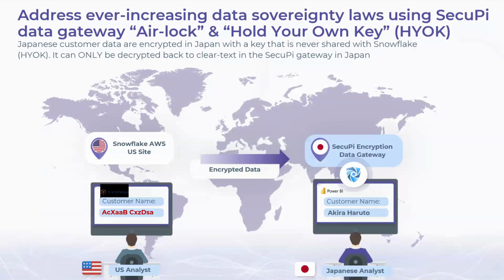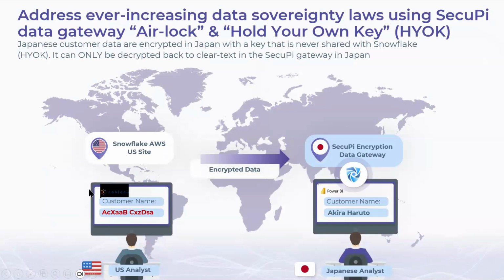And the last illustration I have here is about data sovereignty. We have a customer in Japan that wanted to make sure that all of the data is encrypted, and it can be decrypted only in Japan. So they have a Snowflake environment. That Snowflake environment sits in the US because it's a global company. The data is being encrypted in Japan and then being shipped into Snowflake.